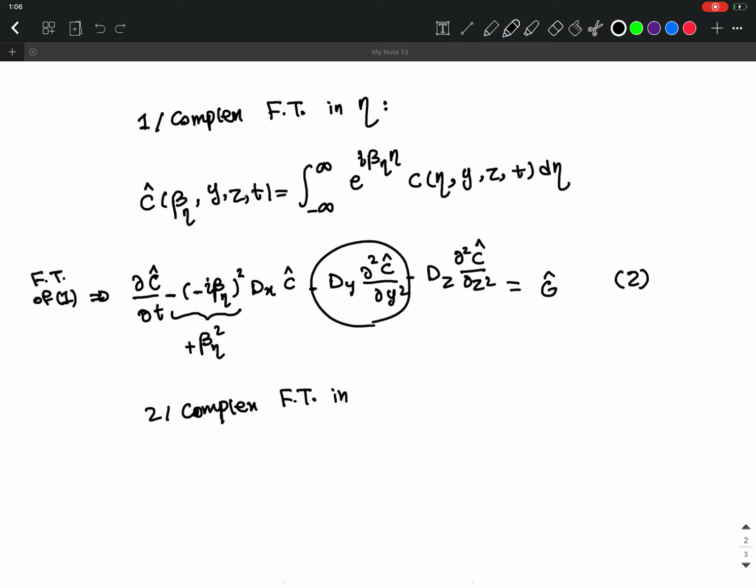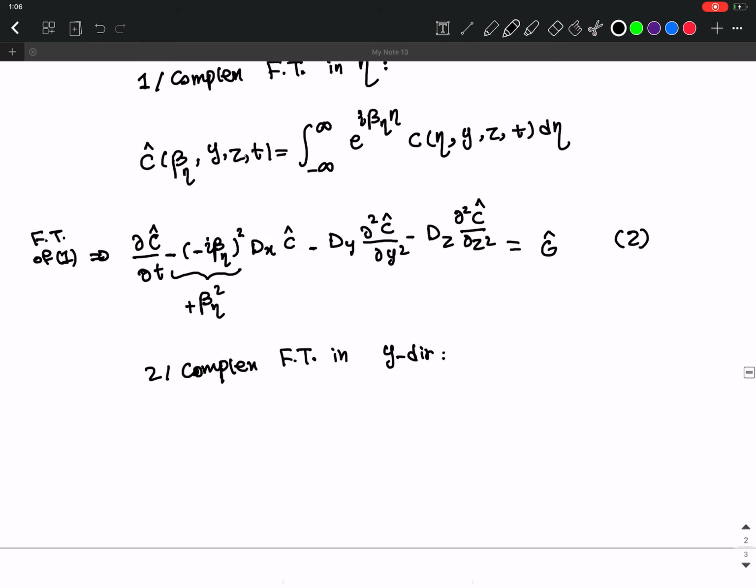I want to convert this to a multiplication to be able to solve this equation. This equation is still hard to solve, right? It is a PDE, a partial differential equation, and I want to convert that to an ordinary differential equation. So a complex Fourier transform in the y direction is the next step.